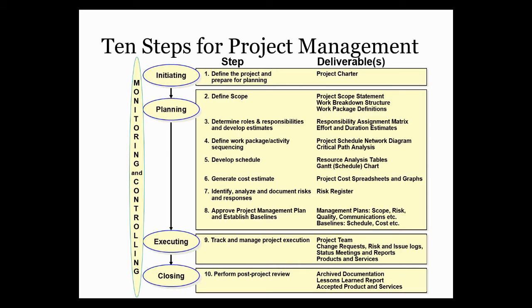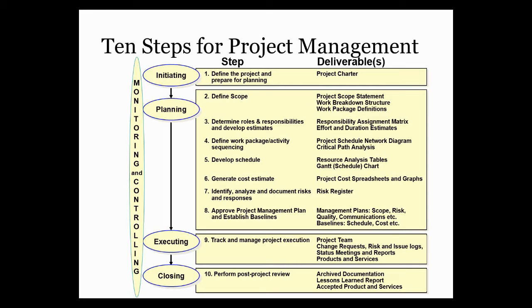So in planning, we've got defined scope, where we detail out the scope, roles, responsibilities, and estimating, sequencing our work packages, so now that we know the work needs to be done, putting in the right order, developing the schedule, so now that we know what order it's happening in, we need to develop our schedule, doing our cost estimating, identify, analyze, and respond to risk, huge factor, and then step 8 is go for approval and get our baselines.